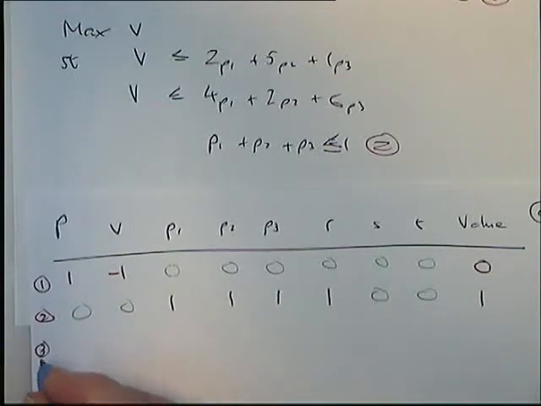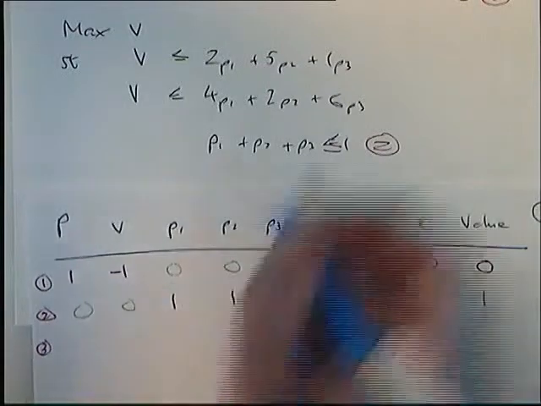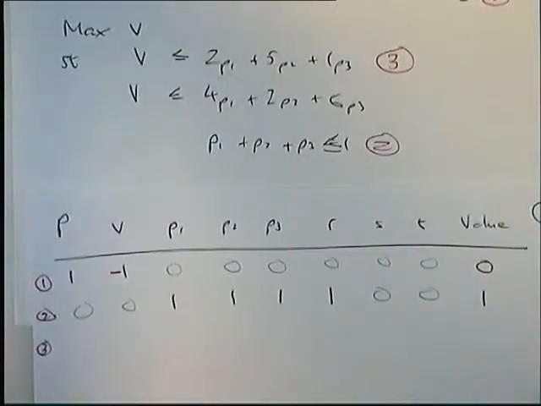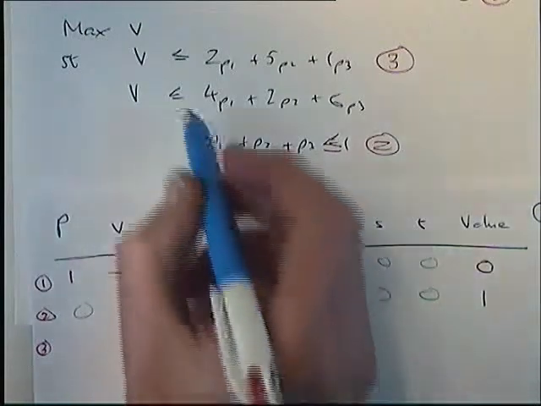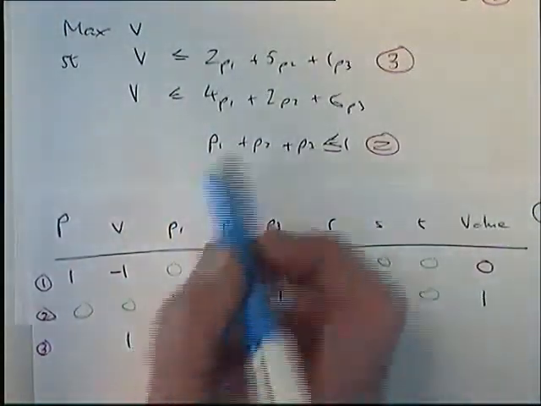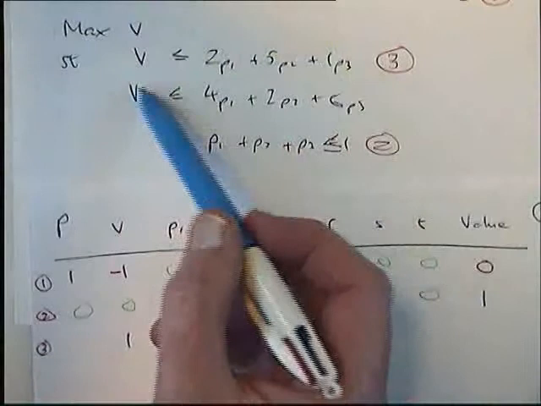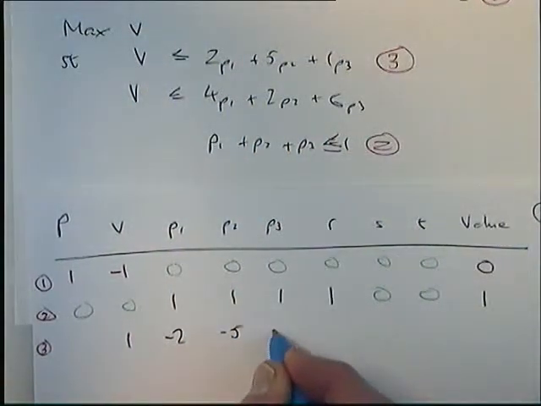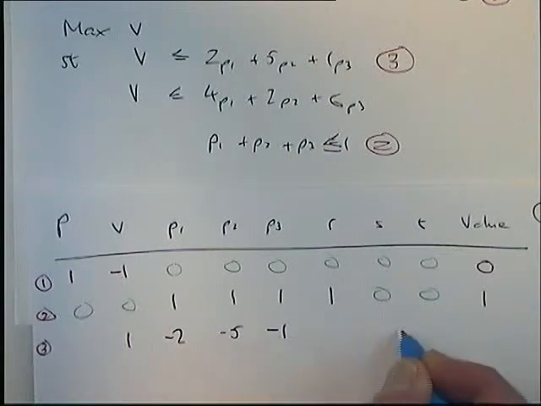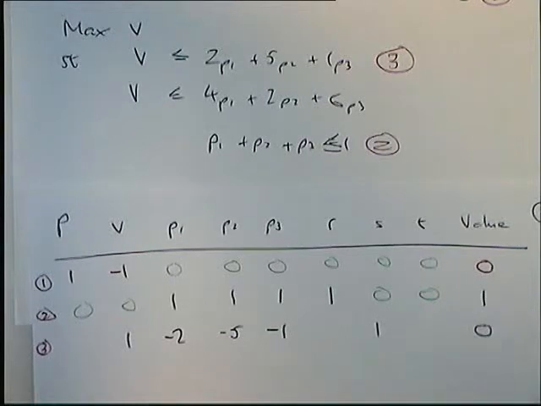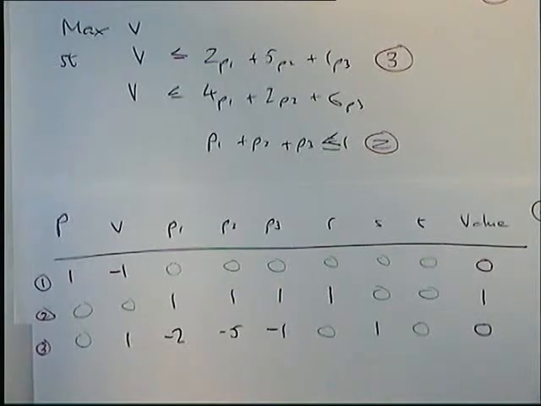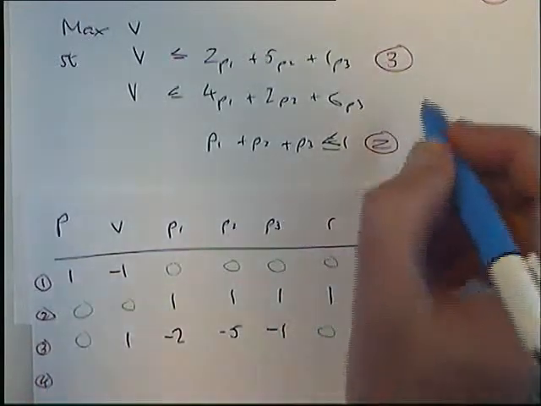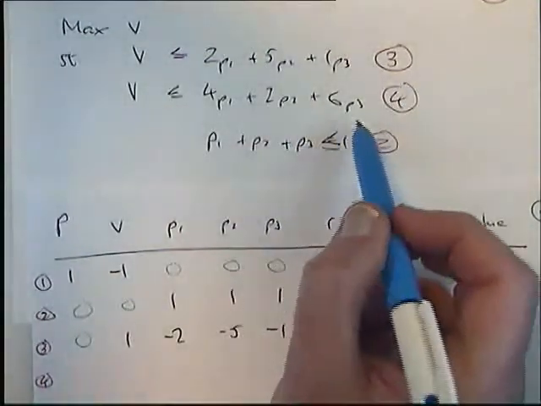The third row looks at the constraint here. So my third row is coming from here, which is V will be 1. Now if you move these across to the other side of the equation, it'll be a minus 2, a minus 5, and a minus 1. I need a slack variable. The value will be 0, and every other entry on that row will be 0. The fourth row in my tableau will come from the other P constraint.